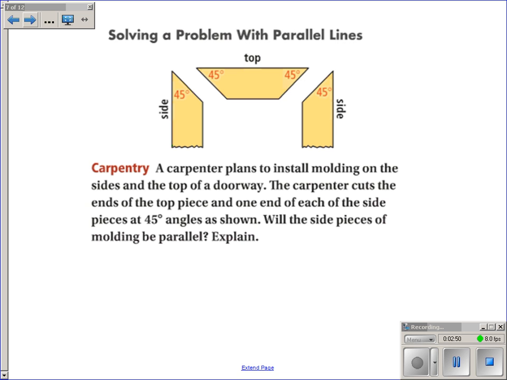Well, if I bring this side piece in and line it up right here, 45 degrees and 45 degrees will make 90 degrees, and so this will be perpendicular. If I bring this piece in, again, 45 and 45 make 90 degrees, and it'll be perpendicular. So both sides are perpendicular to the top. So by theorem 3-8, yes, they would be parallel to each other.